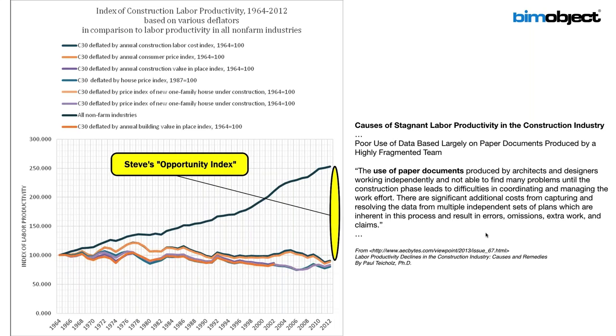And that opportunity index represents about 35% of every US dollar spent in the construction industry and building the built environment yearly as waste. That's very well documented in a number of research studies, and given we're in a $9 trillion a year global industry, and most all of us, whether we're based in the US or not, are in a multinational market, that's a lot of money and a lot of opportunity.